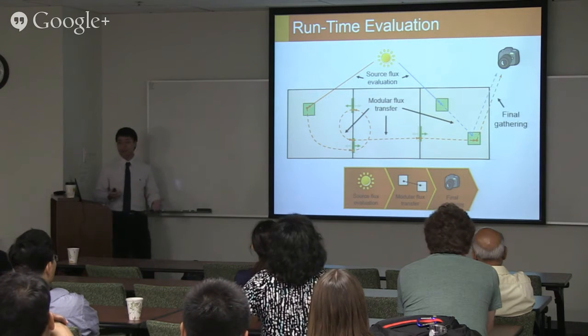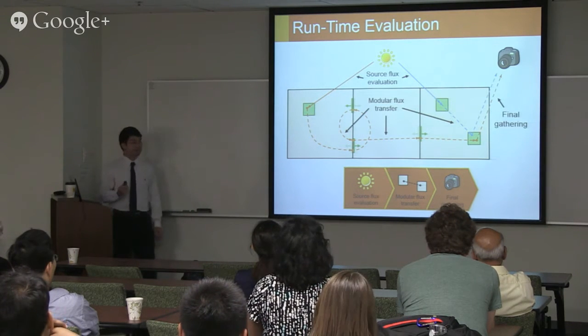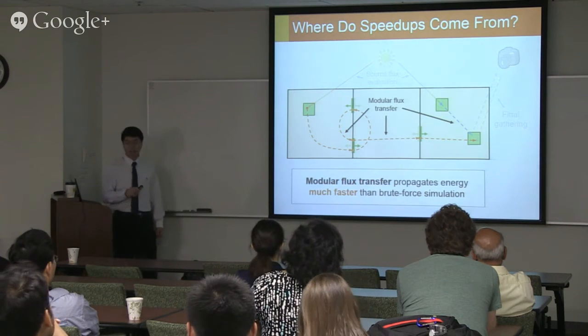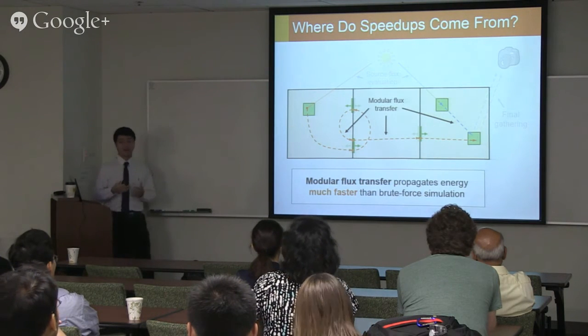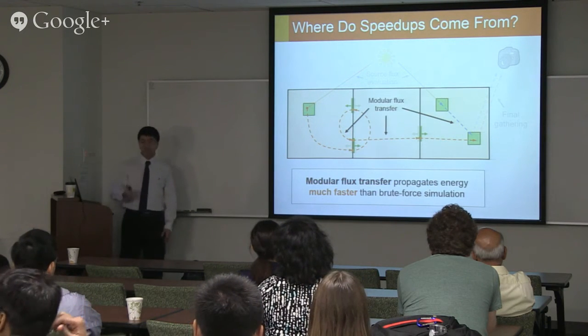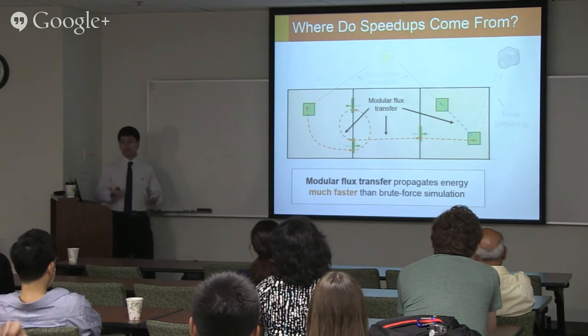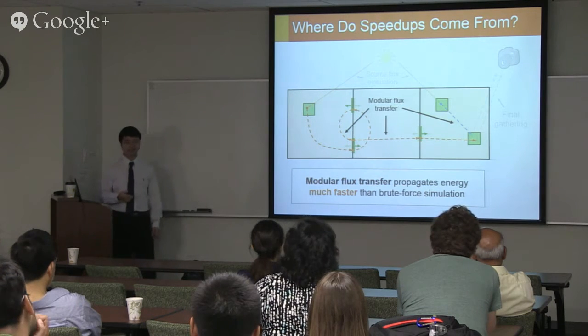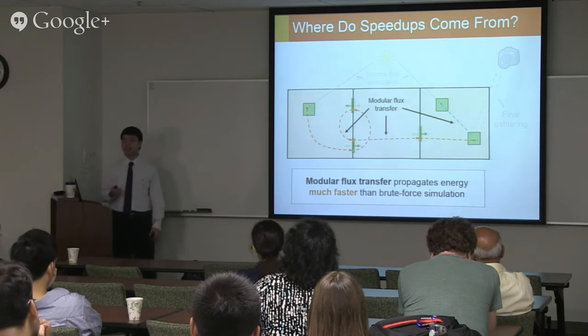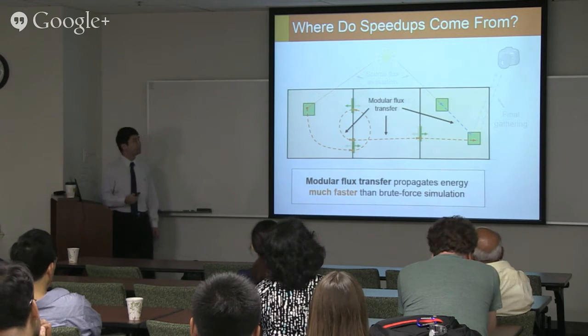So you may ask, where do the speedups come from? Well, it's mainly caused by our modular flux transfer step, because based on the pre-computed information, we can propagate energy way more efficiently than doing brute force simulations. So that's why our method runs an order of magnitude faster than standard ones.